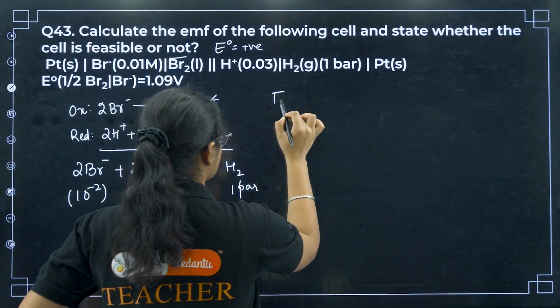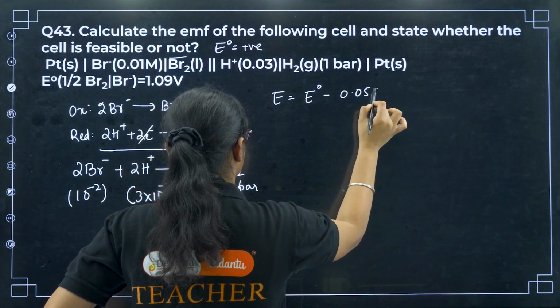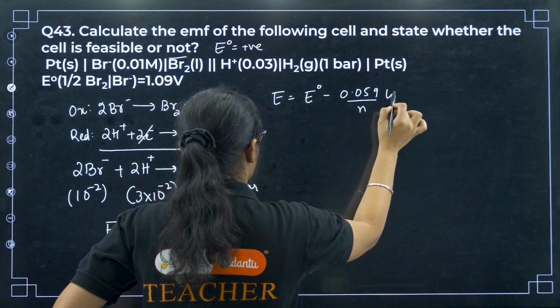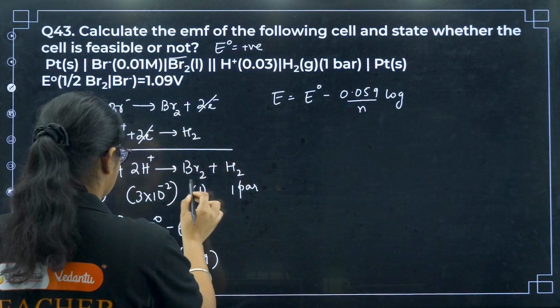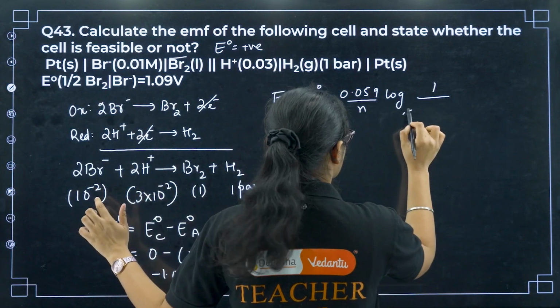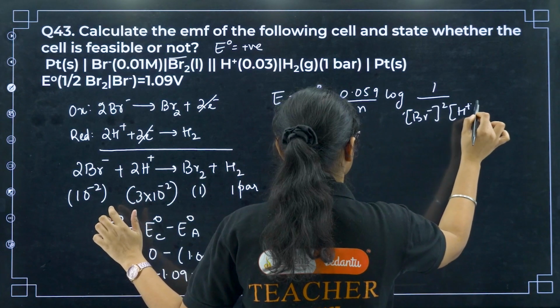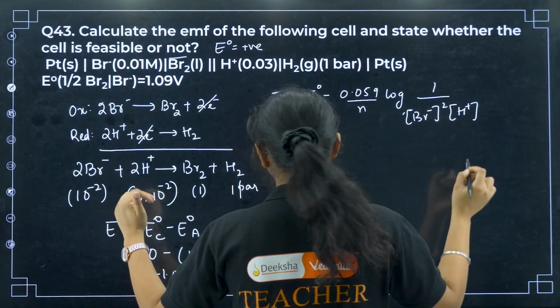Let us now write down the Nernst equation: E equals E naught minus 0.059 by n log of the quotient. Nothing to be substituted in the numerator, then I have Br minus square and H plus square.